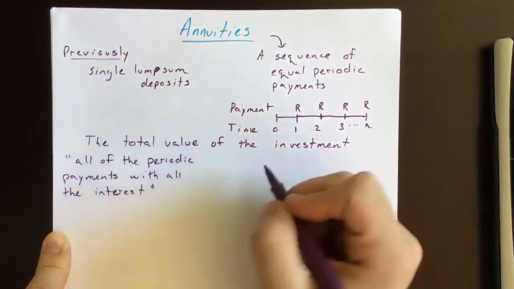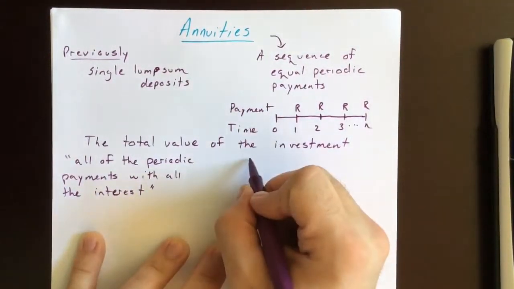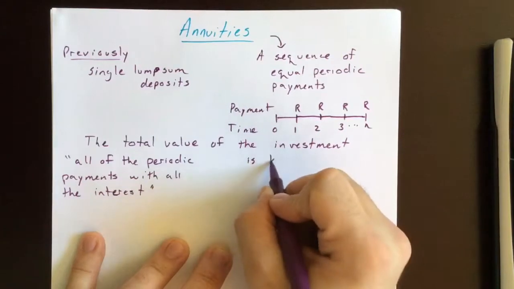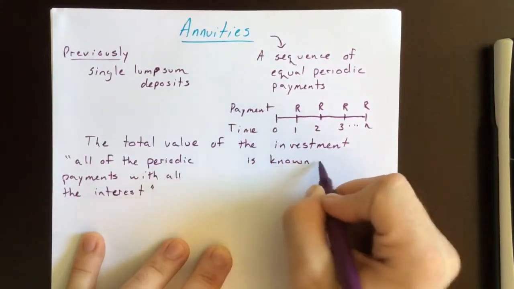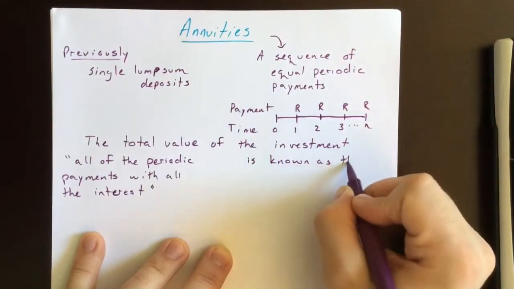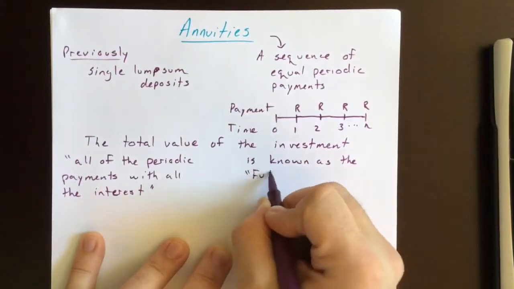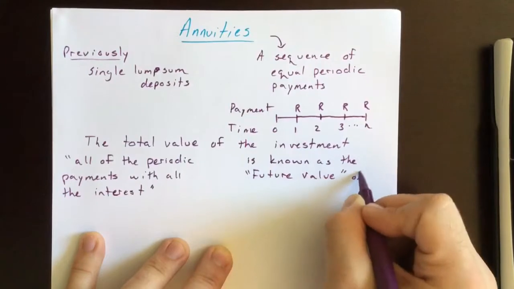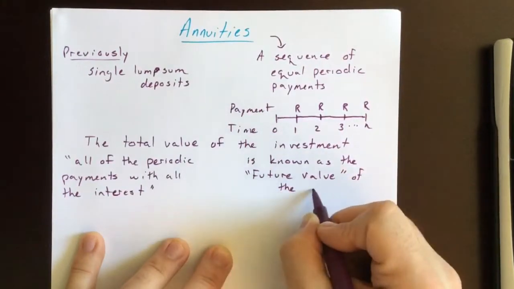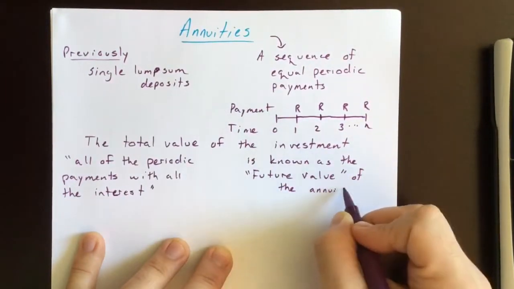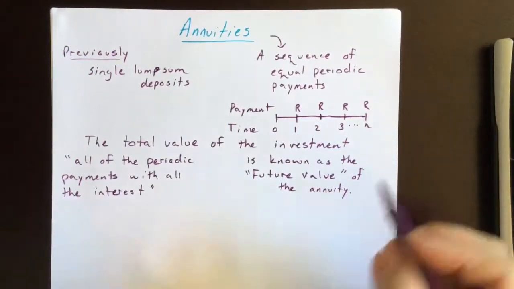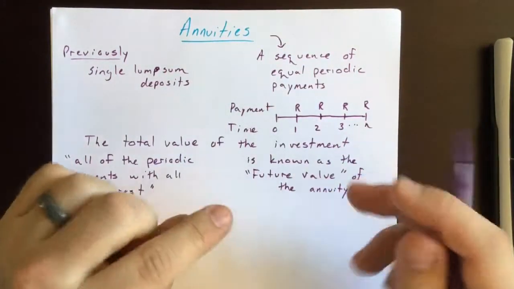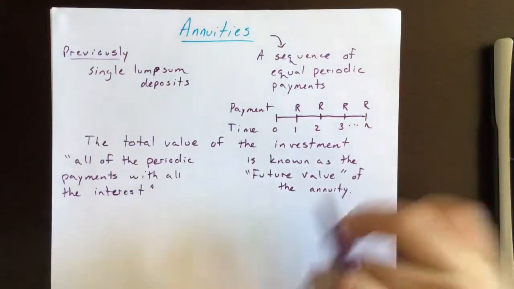Okay? So this total amount is known as the future value of the annuity. Okay? So in this video, we're focusing just on that, determining the future value.